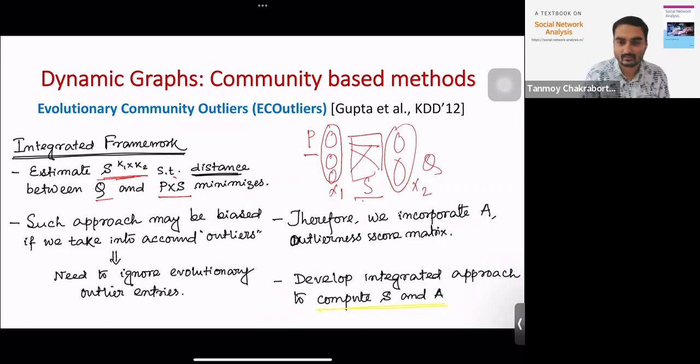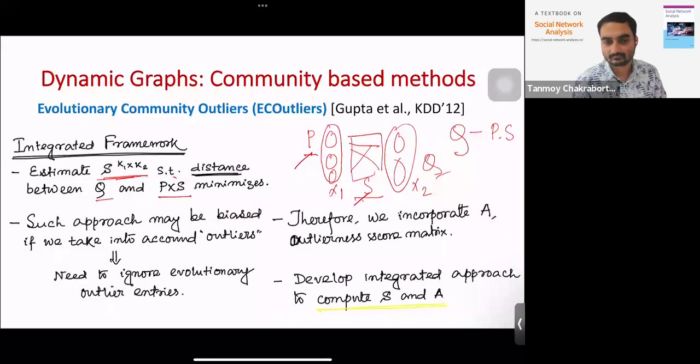P is the community at timestamp X1. So ideally this times this will give you Q, but that need not be the case. So we try to minimize the distance between Q and P times S. P is known, Q is known, S is unknown, so we try to estimate S so that the distance between these is minimized.